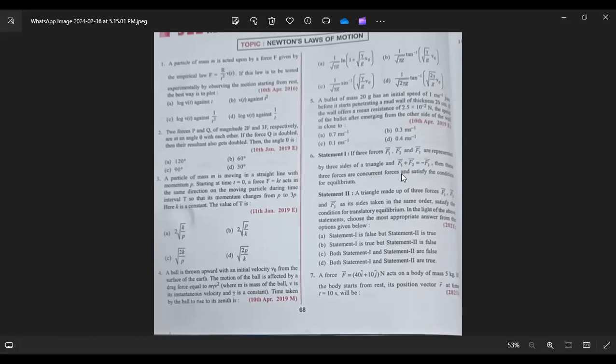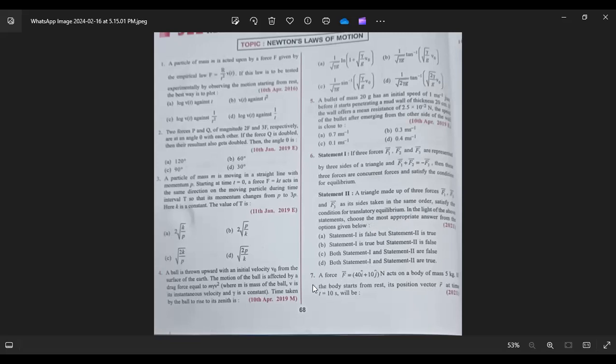These three forces are concurrent forces, so they satisfy the condition for equilibrium. So statement 1 is satisfied, meaning true. Now, a triangle made with F1, F2, F3 as its sides, in the same order, satisfies the condition of translatory equilibrium. In the light of the above statements, choose the appropriate answer.